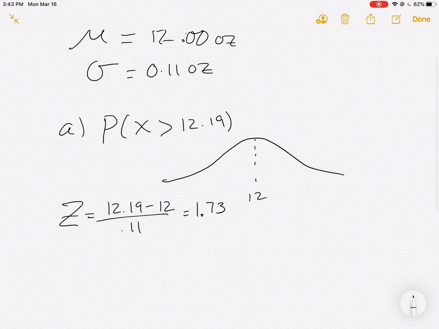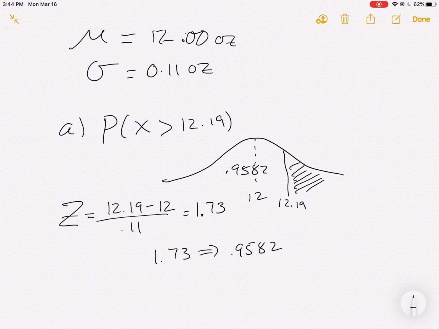Now I need to look up 1.73. As we go to the 1.7 row and the 0.03 column, we have 0.9582 displaying. What we wanted was the area above 12.19, but what we got is 0.9582 over here.